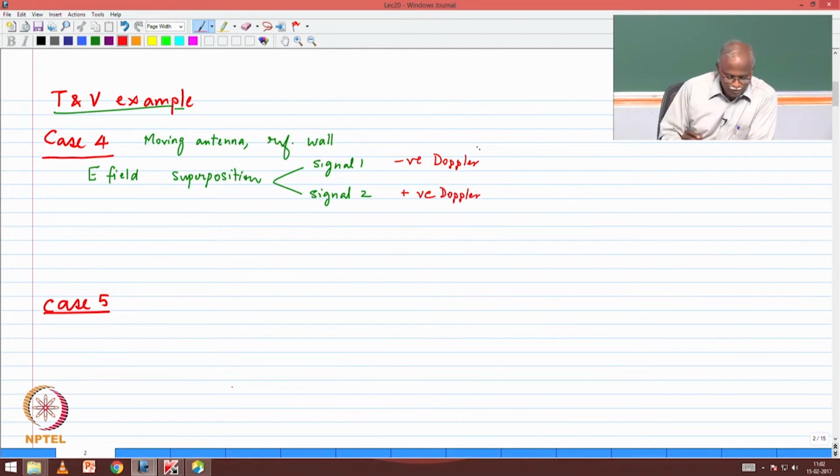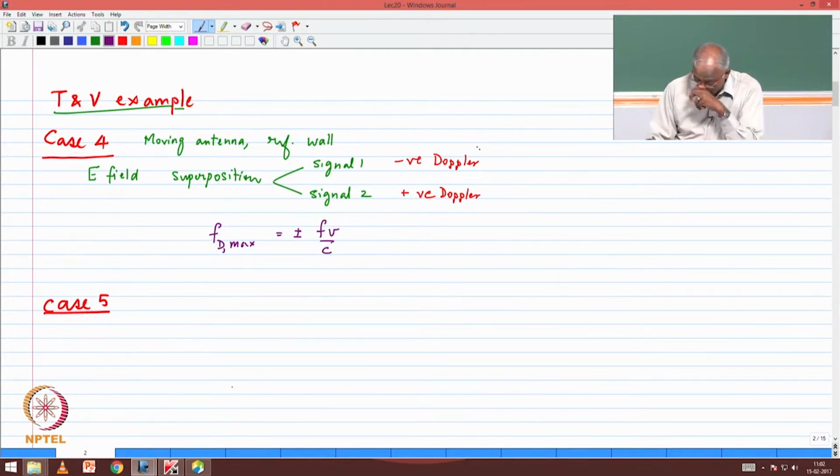So the observation that we made was that there were two Doppler shifted versions, and that fD max, where fD stands for Doppler, the maximum possible Doppler shift, can be plus or minus fV/c, where V is the speed of motion.